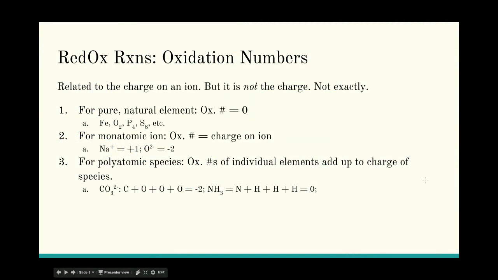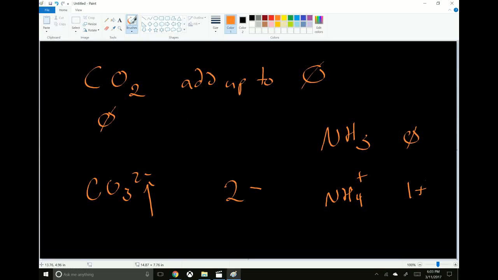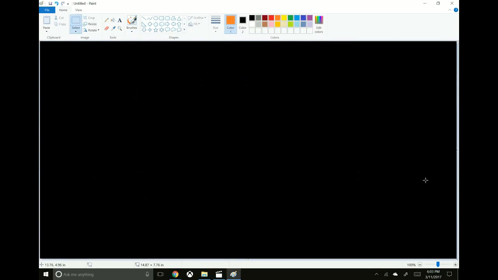So that means that you're going to need some way to determine what the oxidation numbers on those individual atoms are. For fluorine in a compound, it's always going to be -1. This is related to and based on electronegativity.